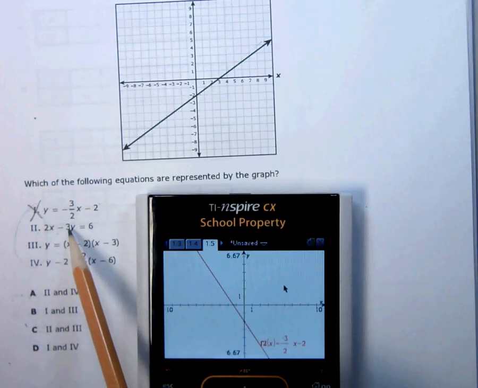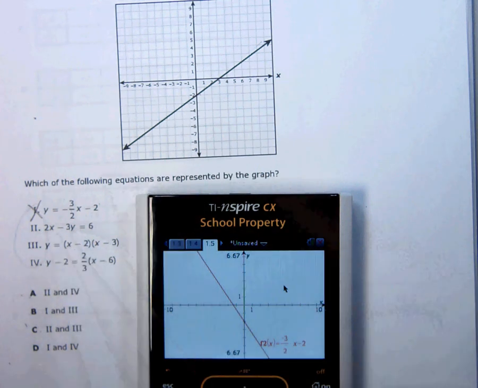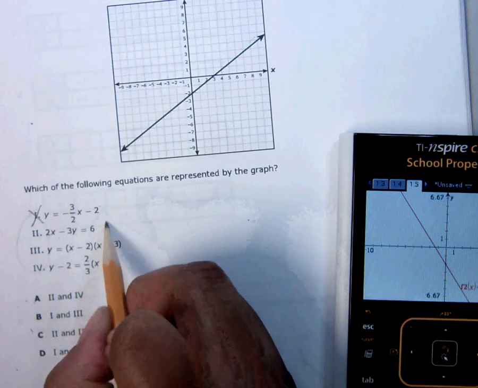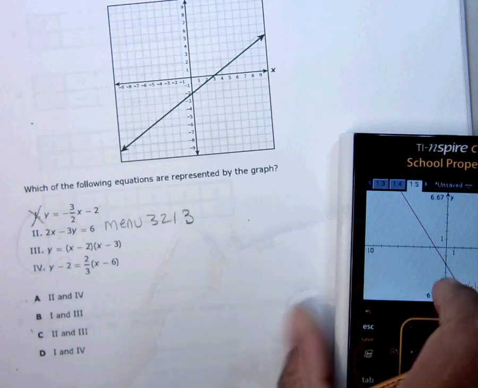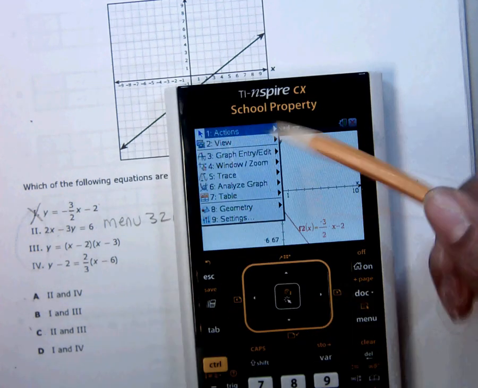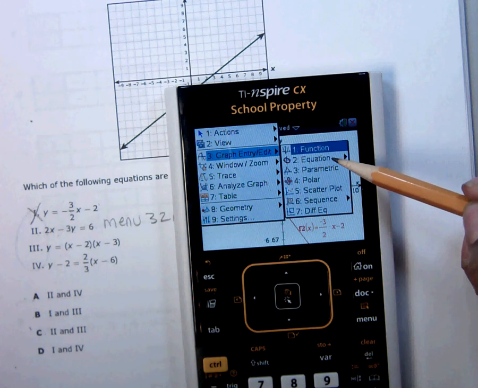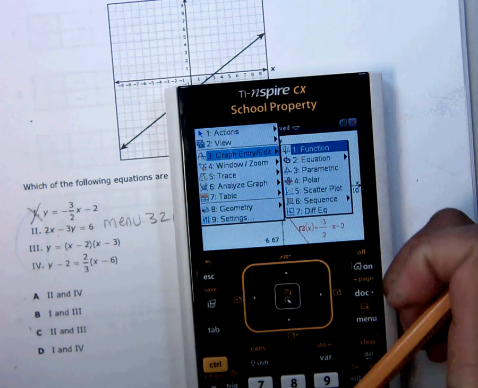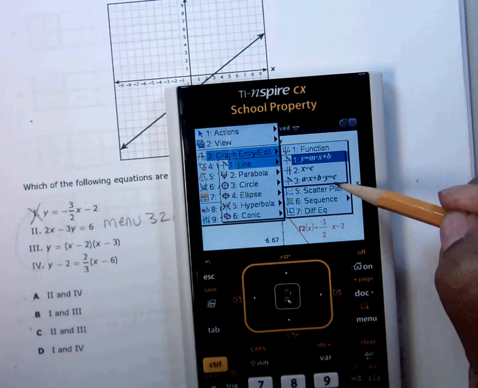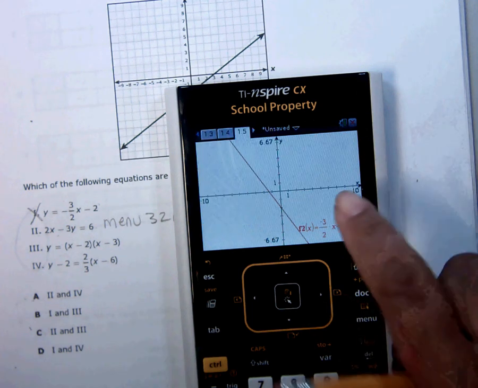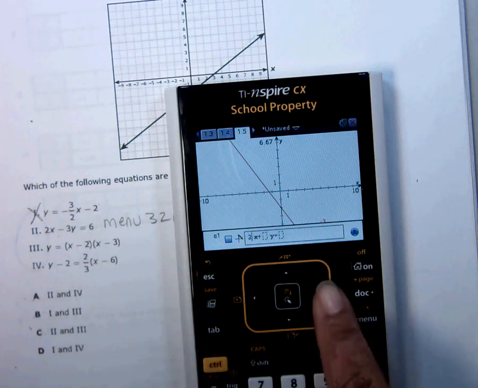To do number 2, you have to go to, do you remember? Menu 3, 2, 1, 3. So let's do that. Menu, go to entry edit, 2 for the equation because we want to enter it in differently. 1 for line, 3 for standard, because that looks like this. So A goes first.